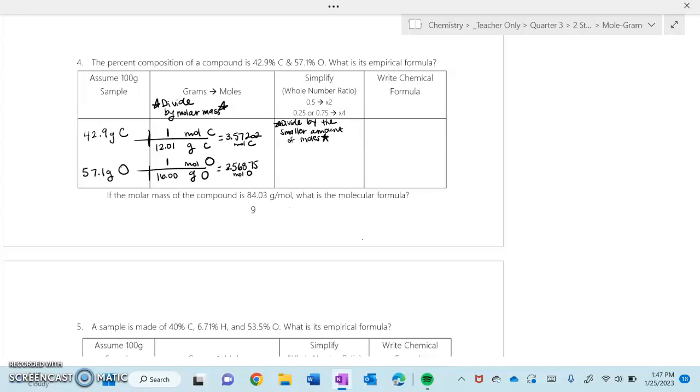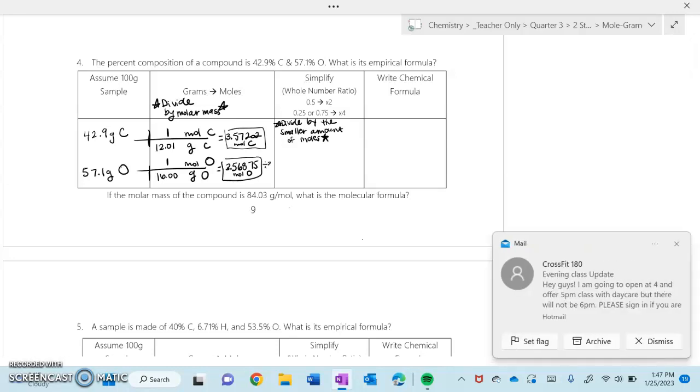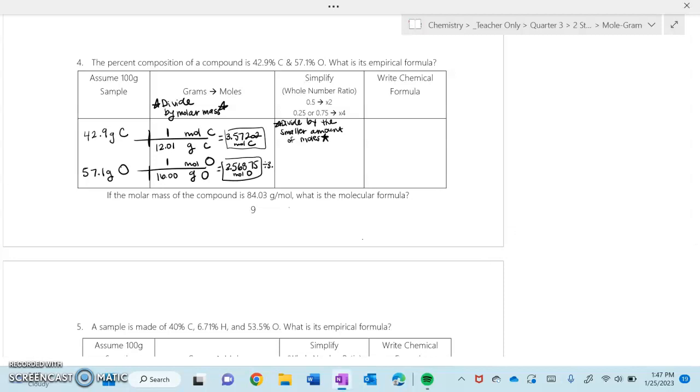This is just playing the game to get whole numbers. Of these 2 moles that we just calculated, they're very similar, but our smaller one is our moles of oxygen. So I'm going to divide both of our numbers by this 3.56875.